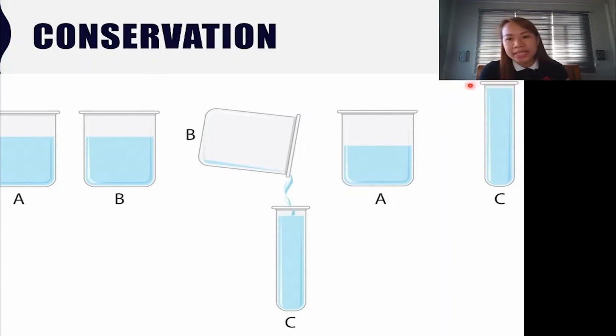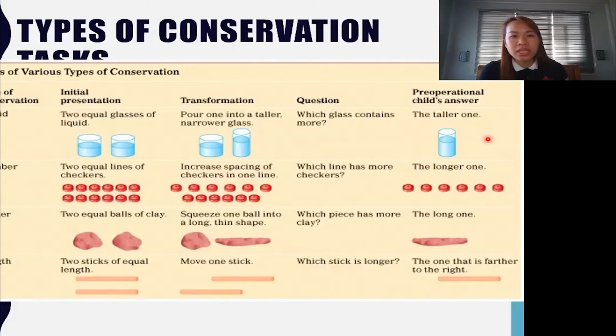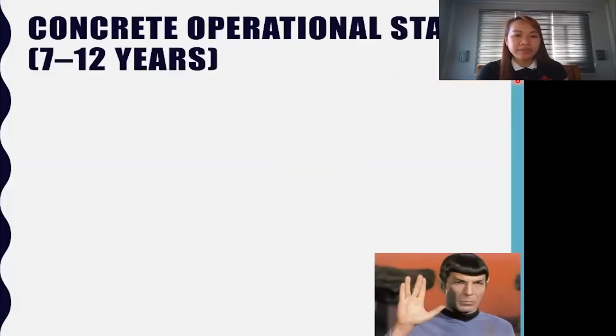Mas mataas kasi ito, the water level is higher here versus this one, the beaker. They would think that this has more water. So that is the theory of conservation, which is not yet understood by a child in the pre-operational development of cognition. Okay, so this is just a summary of the tests for various types of conservation.